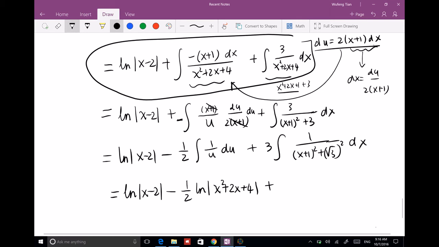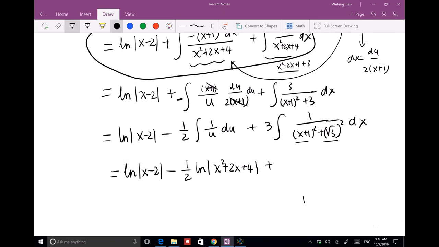So this is x squared, this is a squared. I'll give you the formula. See if you can help me. The formula is the integral of 1 over x squared plus a squared dx equals 1 over a tangent inverse of x over a.